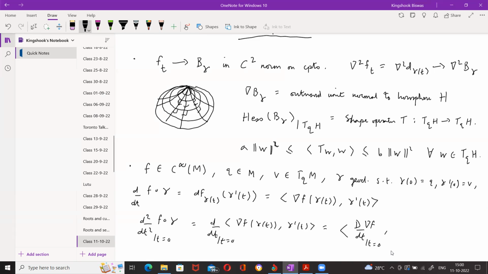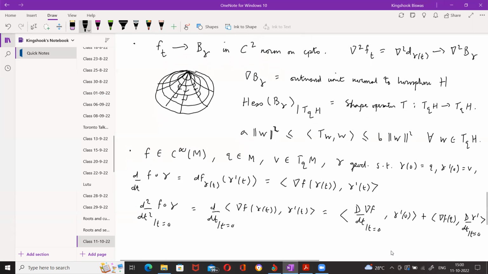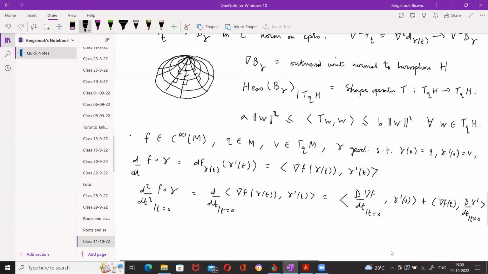Inner product with gamma prime 0, plus the inner product of nabla f at q with d/dt at t equal to 0 of gamma prime, right? Yes. But now gamma is a geodesic, so this second term vanishes, right? Yes. Because gamma is a geodesic.